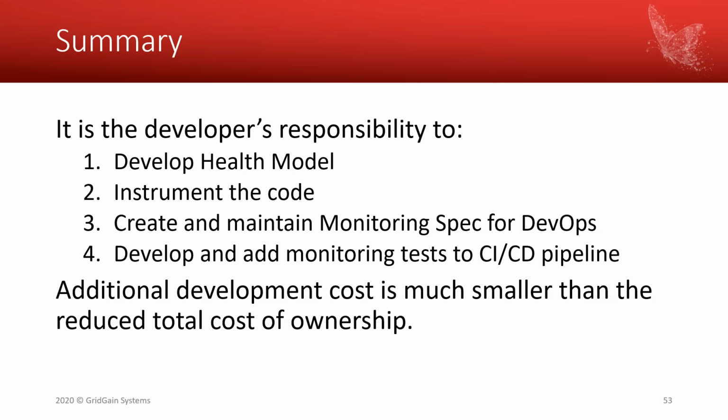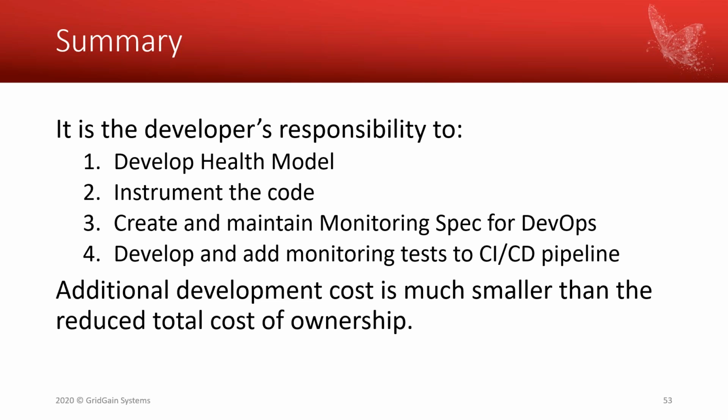What I wanted to share in this webinar is that it is the developer's responsibility to develop the health model and to instrument the code. By instrumenting the code, I mean designing automated recovery and writing appropriate events to the log file or somewhere else, up to you.